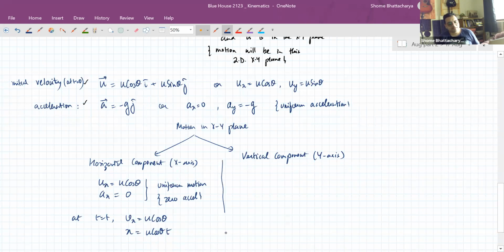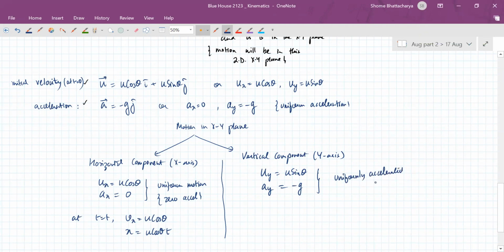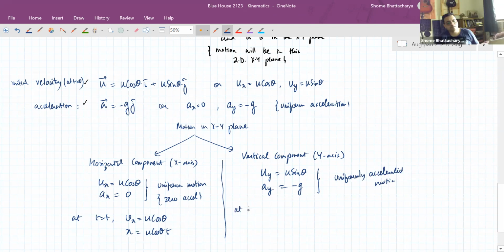Whereas along the vertical axis, we can see what is happening. The initial velocity is u sine theta, but the acceleration is minus g. So it's that case of uniformly accelerated motion. So our three equations of motion will apply that at some time t, the velocity will become like this.